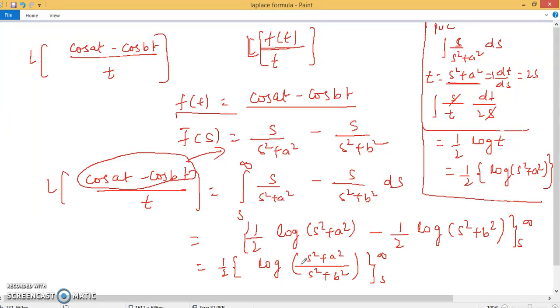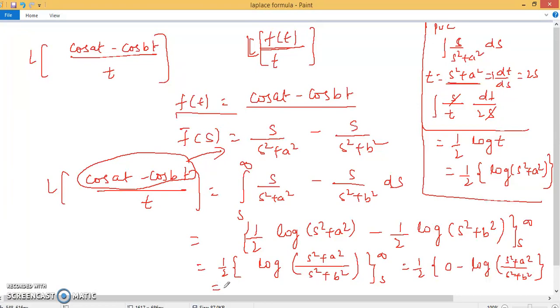If s tends to infinity, this value is 0. So we get 1 by 2 times 0 minus, if we substitute s, log of s square plus a square by s square plus b square.